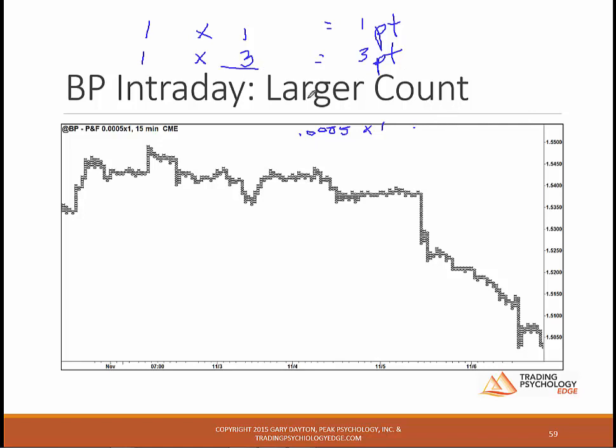So all it is is 0.0005 times 3. And if I do my math correctly, I think that comes out to be, instead of a 5 pip figure chart, a 15 pip figure chart. Okay.